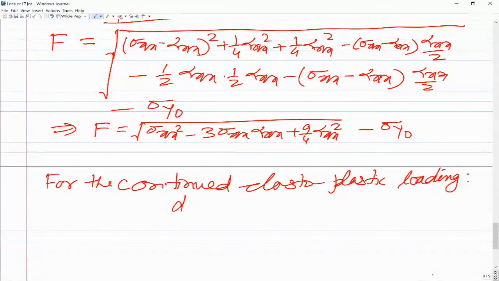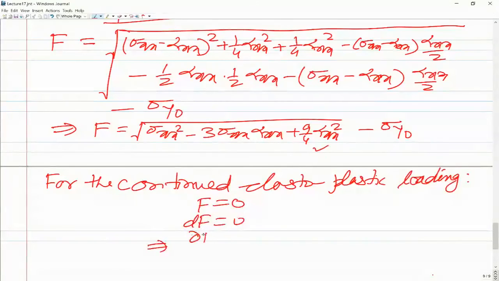That means whatever is inside the square root would be equal to sigma y naught. So one condition is f equal to 0, and the other condition is df equal to 0. And df equal to 0 means, we have seen for the uniaxial load, f is a function of sigma xx and alpha xx.